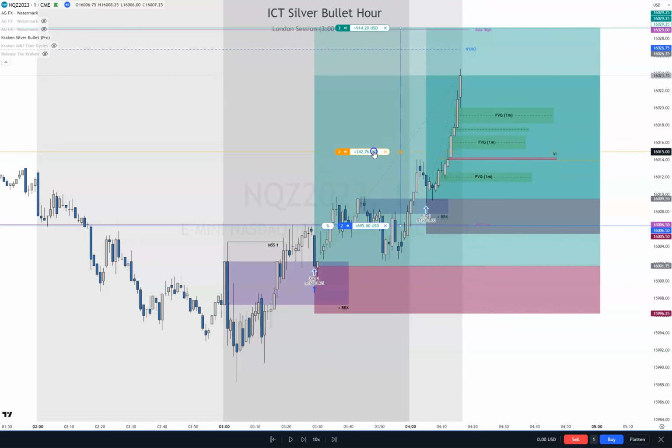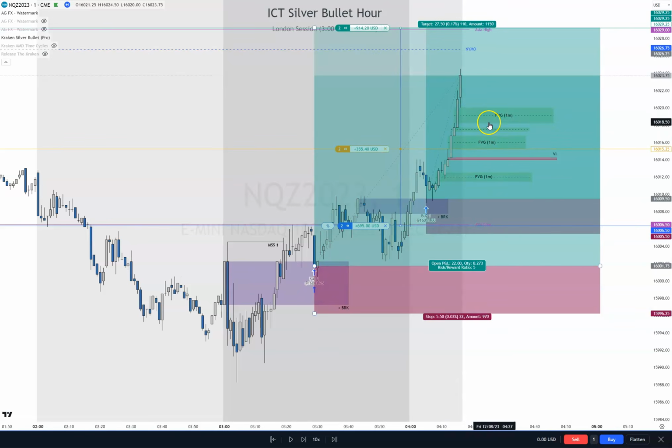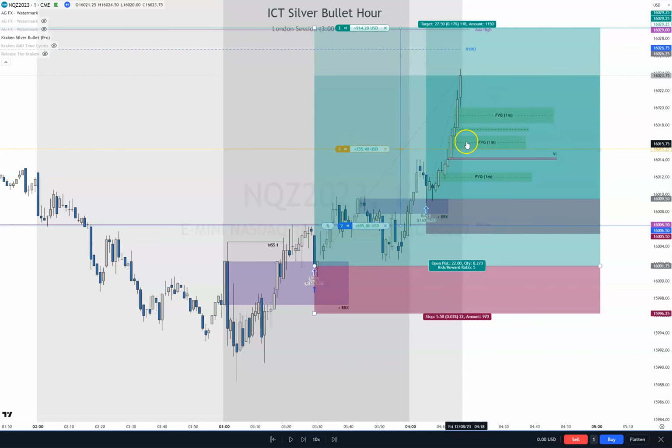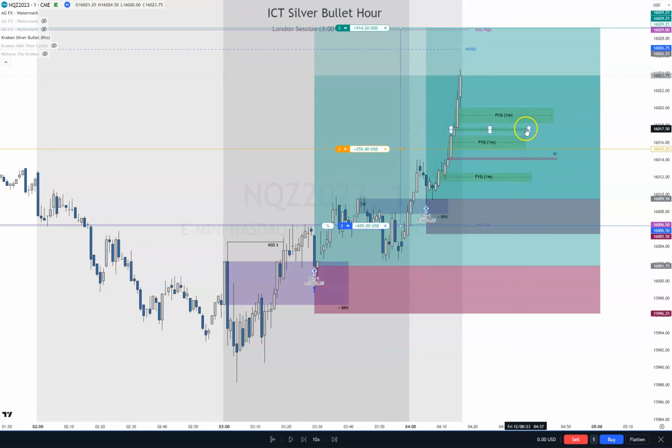Now if there's an overlapping PD array, I count them as one. I want to see one full one and then a second one, then a third one. When I'm trailing my stop, I want to see 3 separate PD arrays.